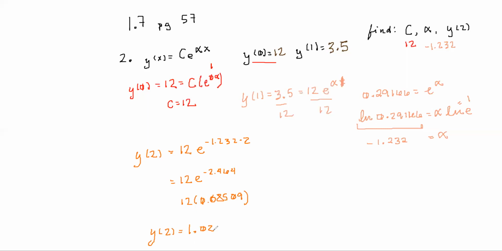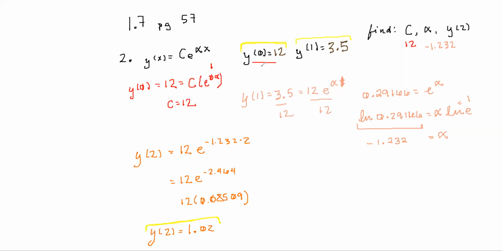All right, does this answer kind of make sense? One way to think about it is that we start off with a high. We start off at 12, and then as x gets larger, it goes down. And then if x gets larger again, this answer is going to be lower.